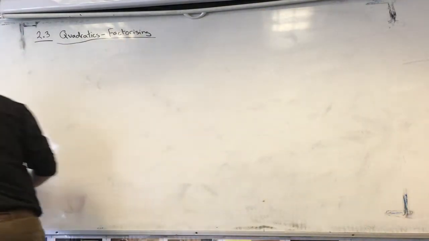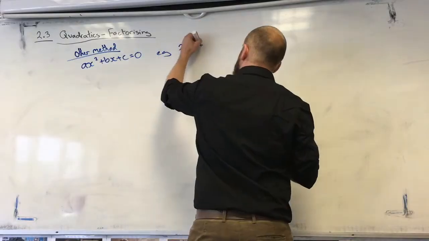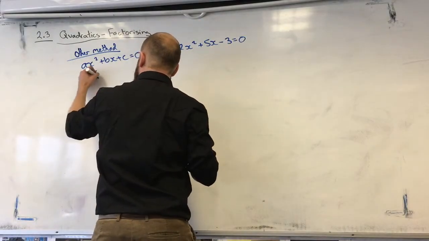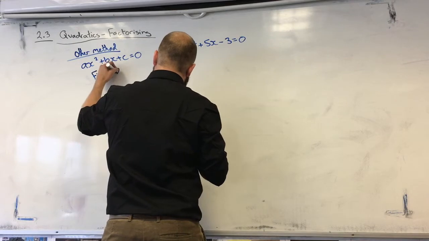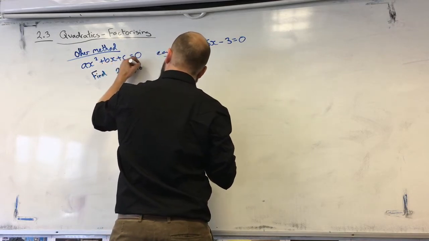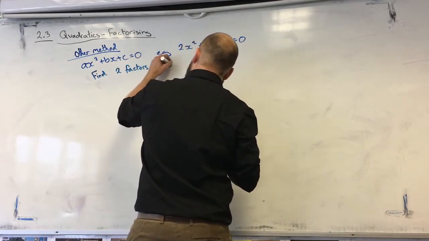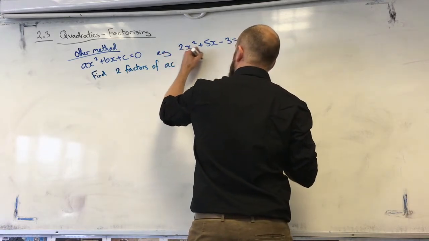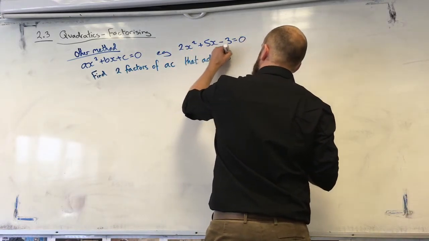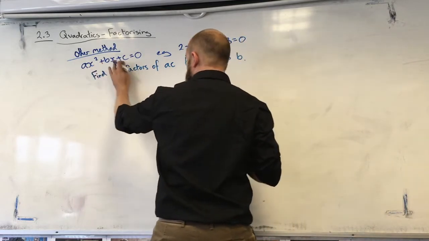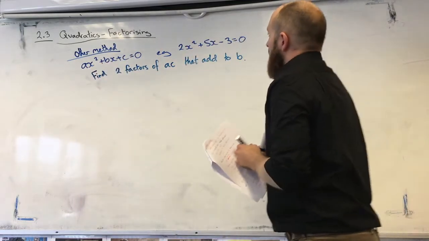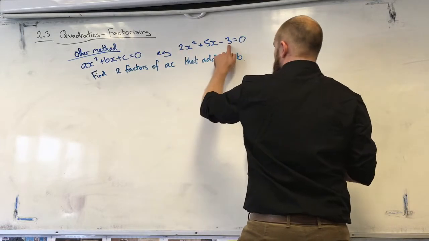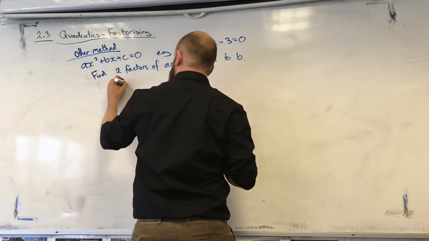So the other method, factorising quadratics, is find two factors of AC that add to B. So I'm talking about A, C and B here. So A times C is 2 times minus 3, which is minus 6 in this case.